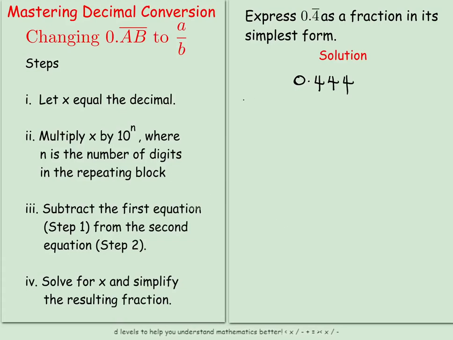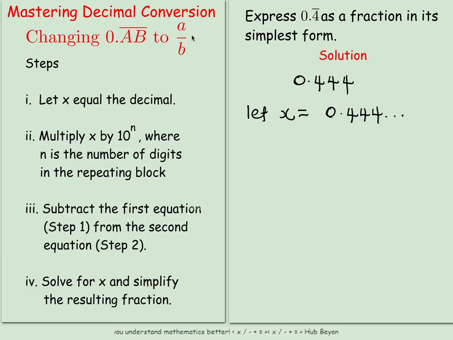Do you see? So I'm going to say let x be equal to 0.444. We know it's continuous, so you can just put your dot over here. Now with this, I'll ask myself, how many numbers are actually repeating? It is 4. It is 4 that is repeating itself over and over again. So it's just one digit.